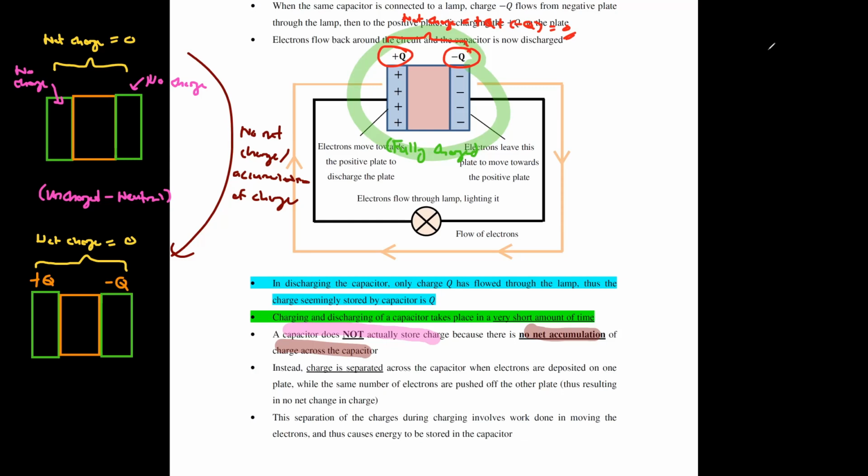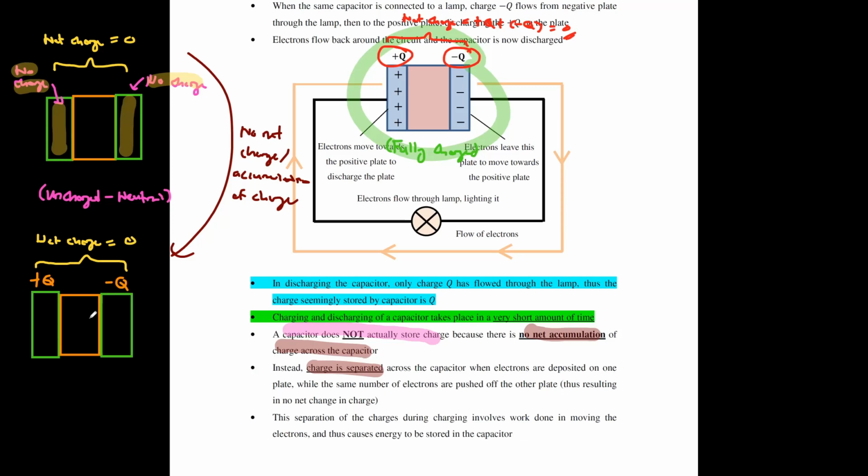But what you could say instead is that your capacitor is actually separating charge. If you look at the first page, the first line I mentioned to you, capacitors separate charge, store energy, or smoothen and rectify AC. The part where we say that charge is separated refers to this. Before this, if you look at this plate and this plate, there's no charge whatsoever on them.